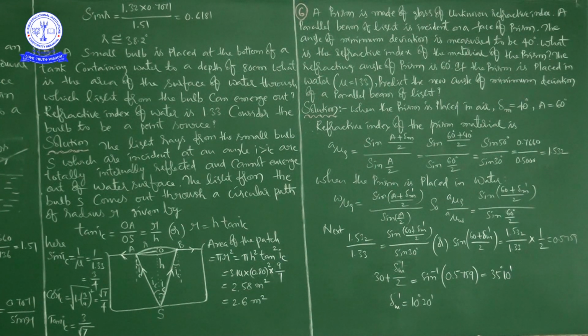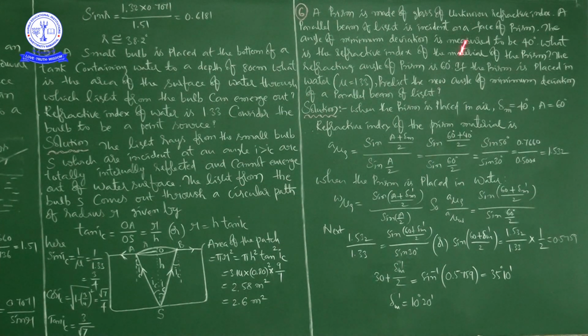It is 5 degrees 10 minutes because it is 30 degrees, no. So if you subtract this 30 from this, 5 degrees 10 minutes will come, but it is delta M dash by 2, no. But he is asking to find new angle of minimum deviation, that is delta M dash. So 5 degrees 10 minutes into 2, so it is 10 degrees 20 minutes. So new angle of minimum deviation is 10 degrees 20 minutes.